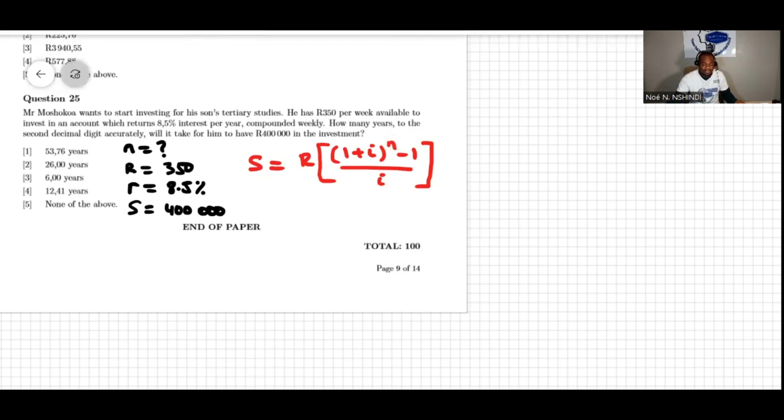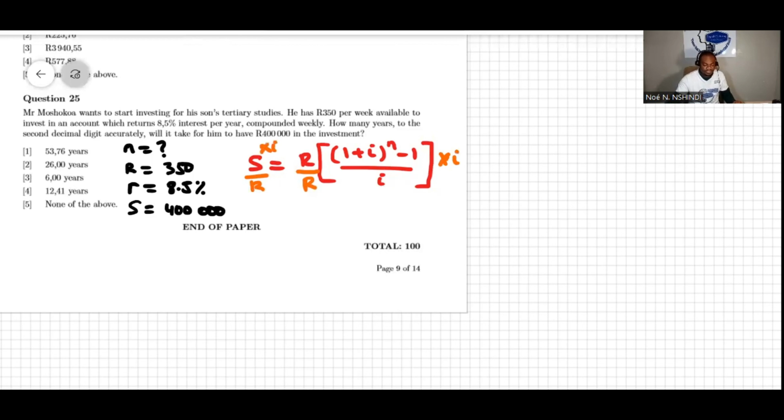Let's first make n the subject of the formula. So I will first divide both sides by R. If I divide by R, I'll get rid of this R on this side. Whatever we do on the left, we must also do on the right. So I'll multiply by I to get rid of this I, and multiply by I there also.